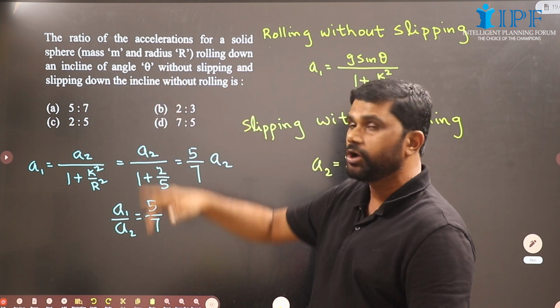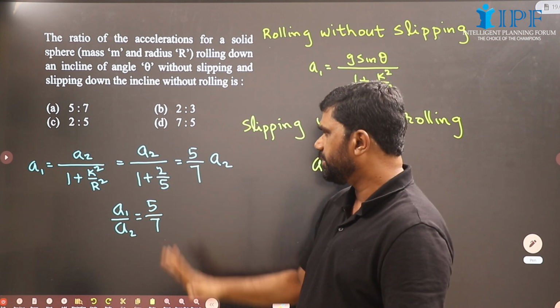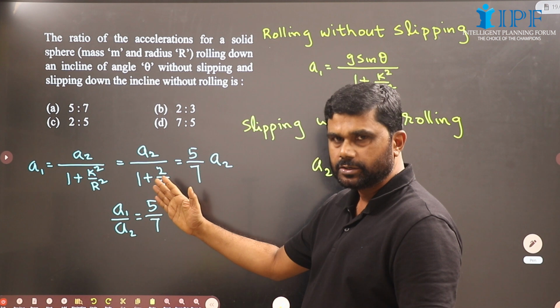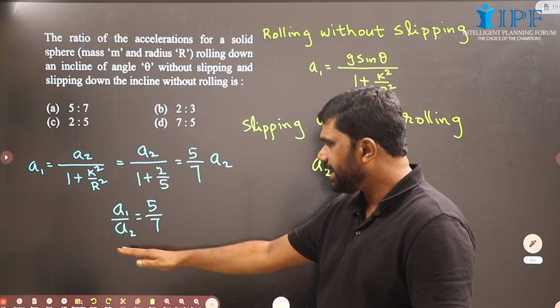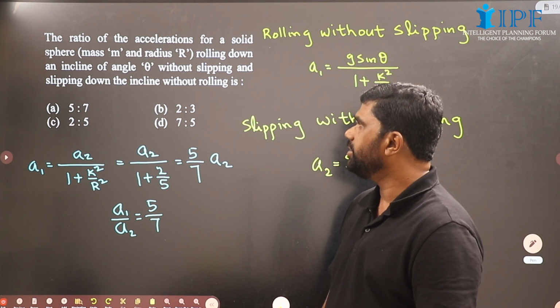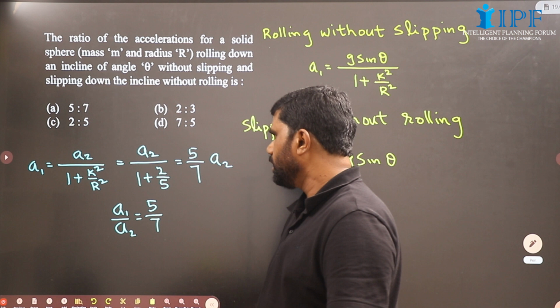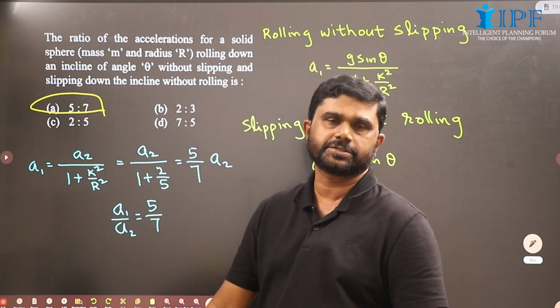Here the body is a solid sphere, k square by r square is 2 by 5, so 1 plus 2 by 5, that is 7 by 5 in the denominator. So a1 will be 5 by 7 a2, and a1 by a2 will be 5 by 7. We have to find the ratio of a1 and a2, so it must be the first choice.